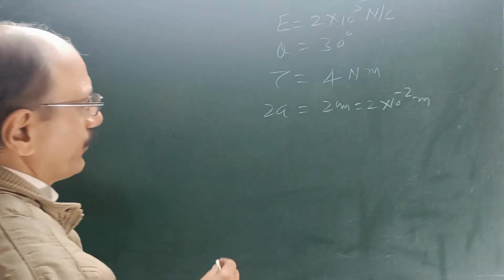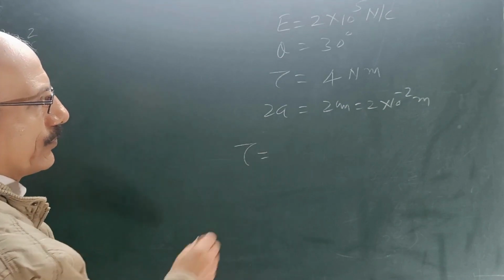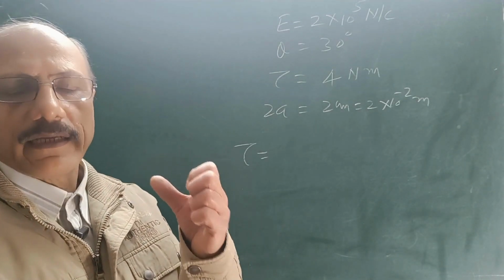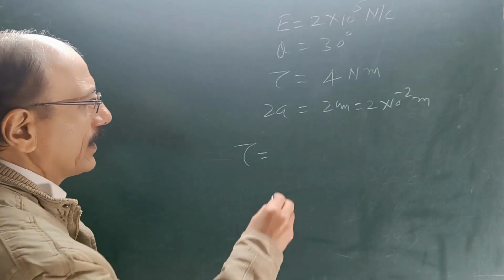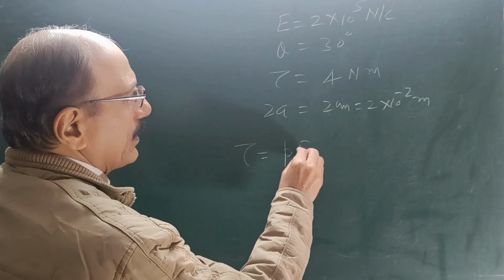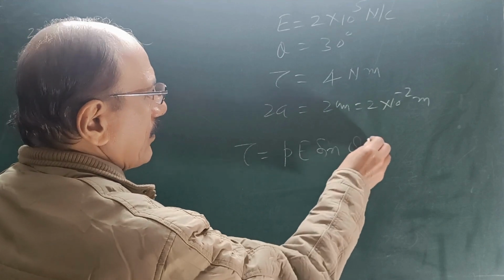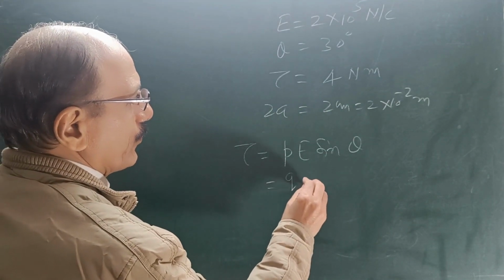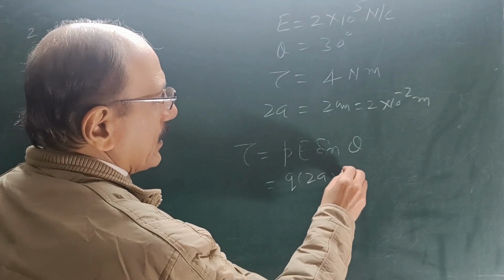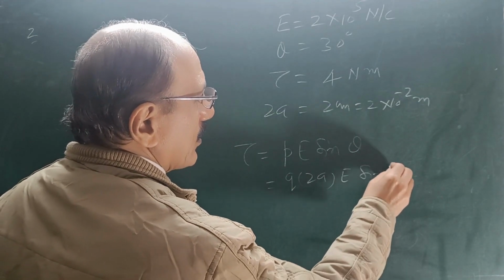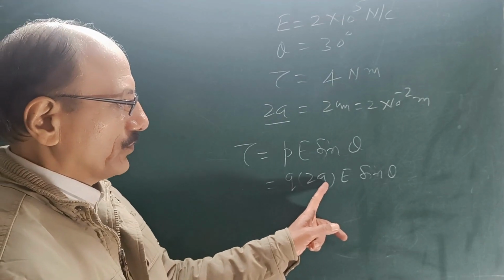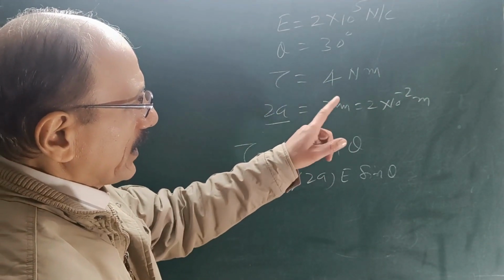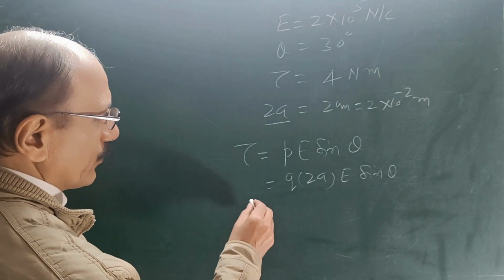We know that the torque experienced by an electric dipole placed in a uniform electric field is pE sin theta, where p is Q into 2a. Here 2a is the dipole length. Sometimes students get confused with the a, so this is not a, this is 2a.